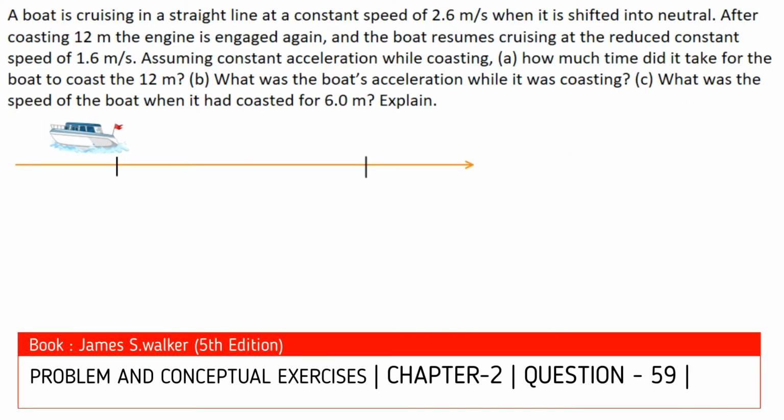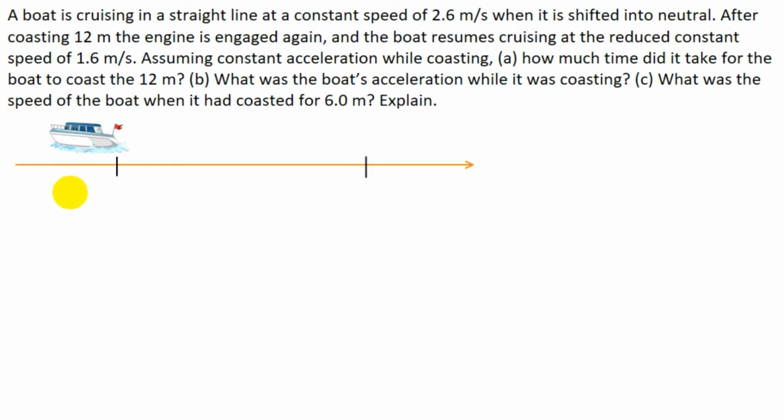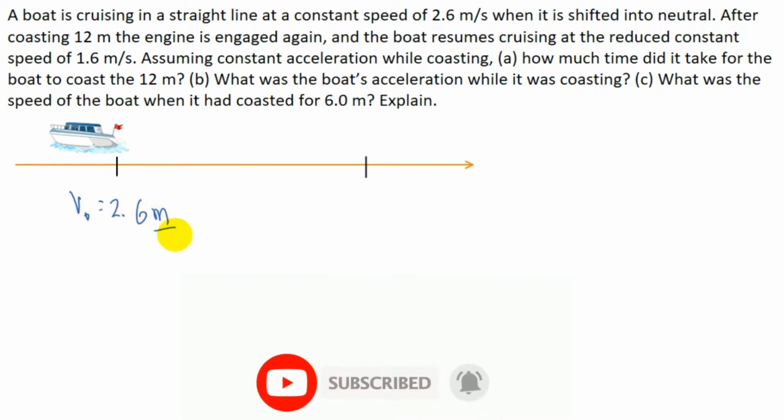So here we are given that this boat is cruising in a straight line at a constant speed of 2.6 meter per second. So initial speed we have 2.6 meter per second. Now then it shifted to neutral and started coasting for 12 meter.